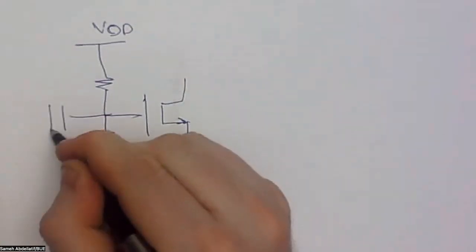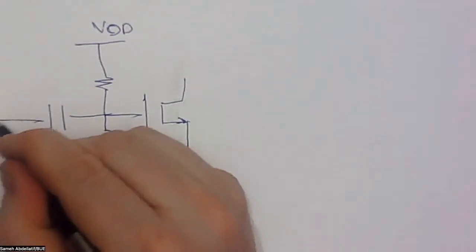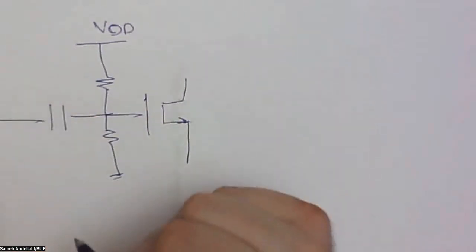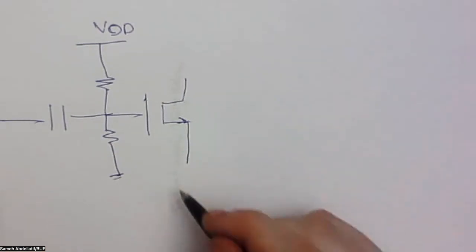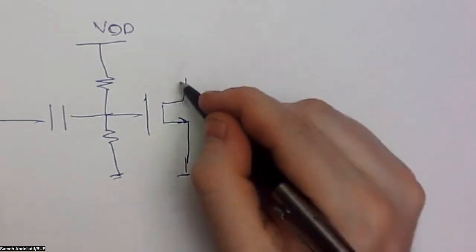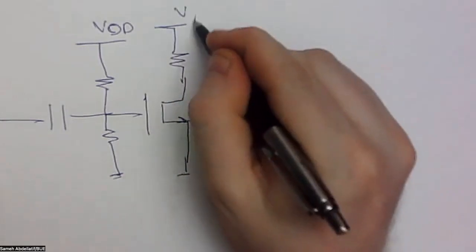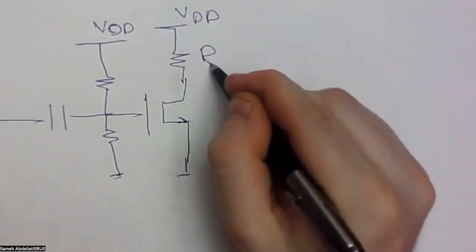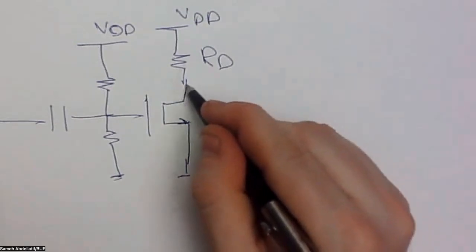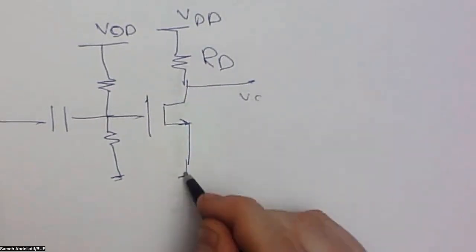And here we have a coupling capacitor, and then we have the input. On the other hand, we have some sort of a resistance here. Usually we call it RD, if you remember, and this is the output.